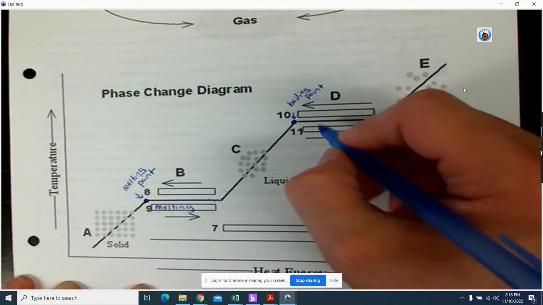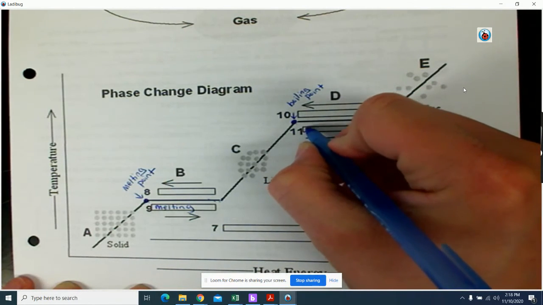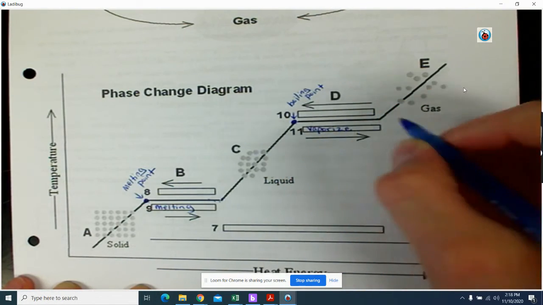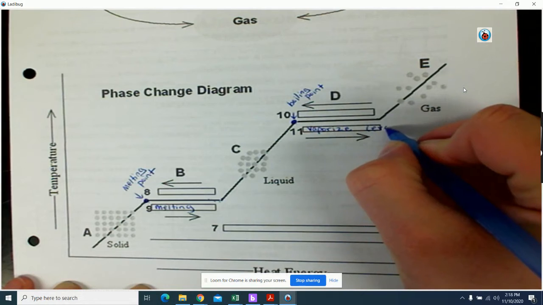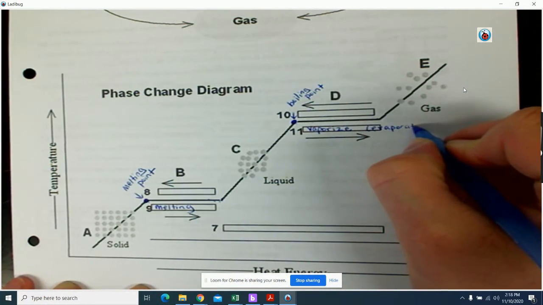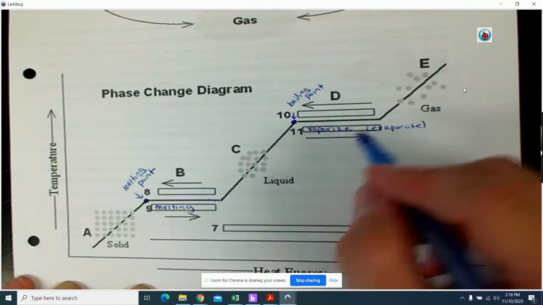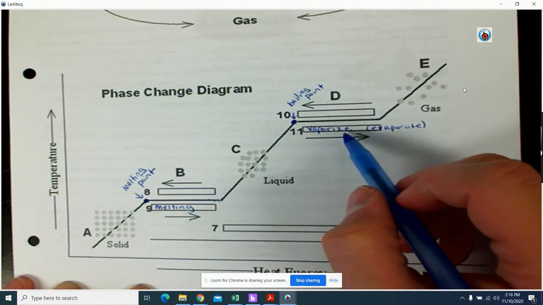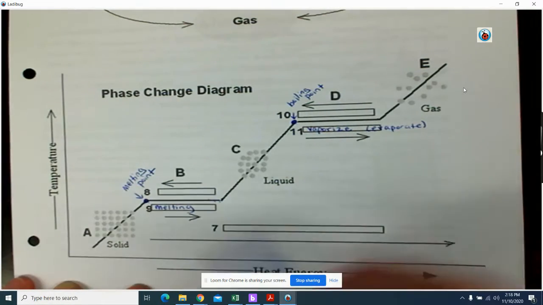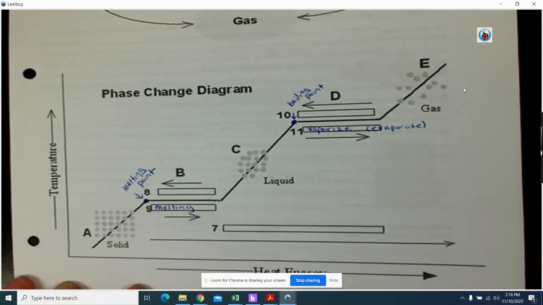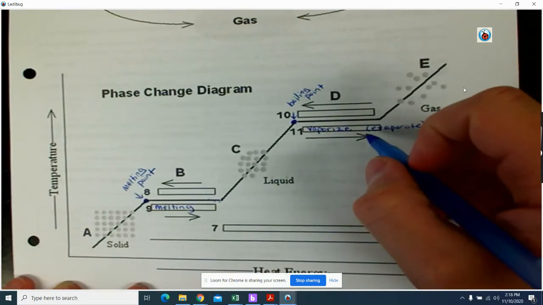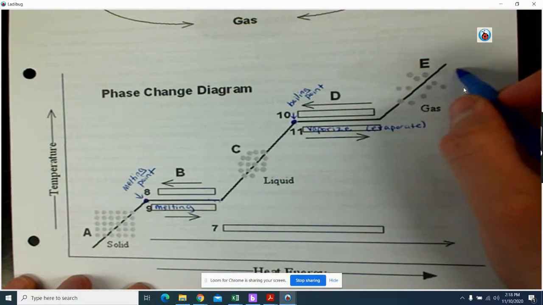Then it starts to vaporize or evaporate. So here it's vaporizing, it's becoming a gas. Now, vaporizing happens anytime it becomes a gas. Evaporation happens at low temperatures, but we're not going to make a huge distinction. Now, here it's totally a gas.